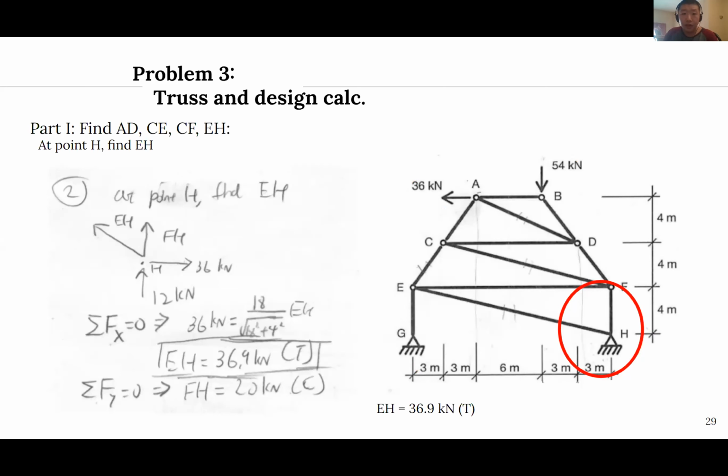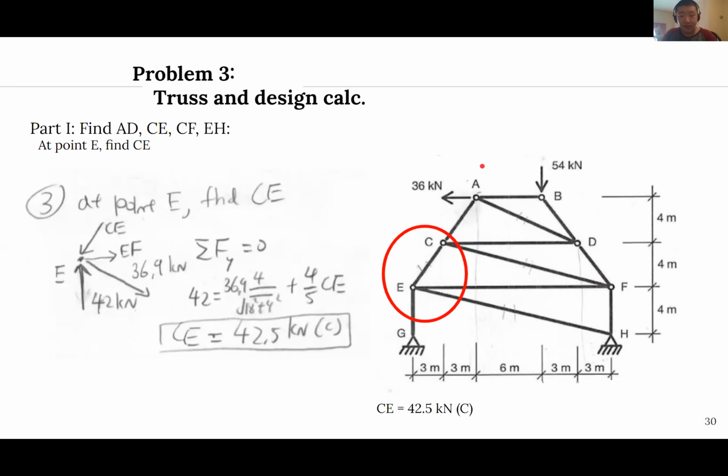Because EH has a vertical and horizontal component, by taking all of the horizontal forces, you would be able to isolate only the unknown of EH. With the correct proportions to the horizontal force, you would find out that EH is 36.9 kilonewtons in tension. Then taking the sum of all vertical forces and equating it to 0, you would find out that FH is 20 kilonewtons in compression.